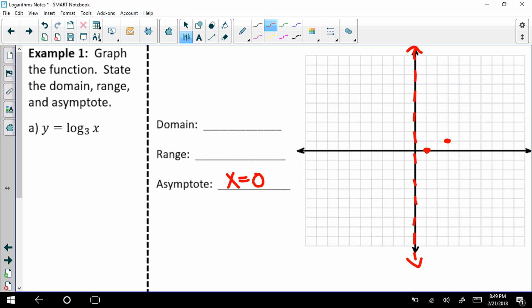Okay, and so then from the graph, our shape looks like this. Again, it gets closer and closer to the asymptote, but never crosses or touches. Now this time, it's the domain that's going to match the asymptote. So with exponentials, the asymptote was y equals a number, and so then it was range that matched it. Well, now in log functions, the asymptote is x equals a number, and so then that means that the domain is going to match the x and that number, 0 in this case. And so then we ask ourselves, which x's are we using?